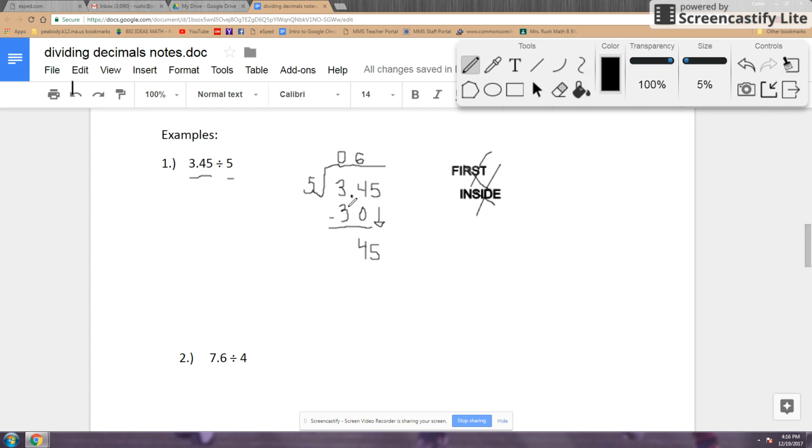Because 5 wouldn't go into 4, but we can bring down the 5 and 5 will go into 45 9 times. So I put the 9 right up here, right above the 5. Okay. 9 times 5 is 45. Bring that down here.